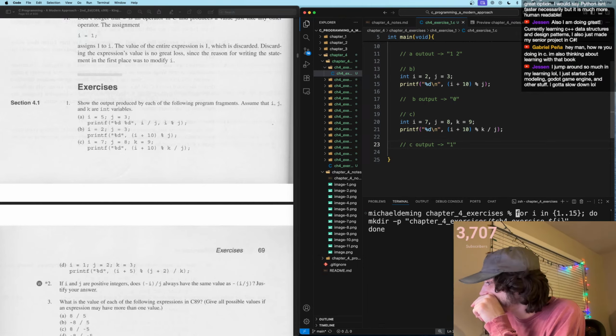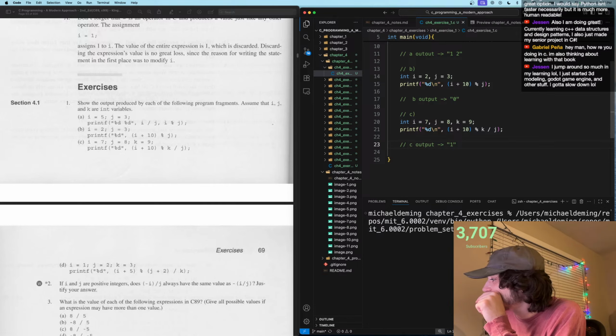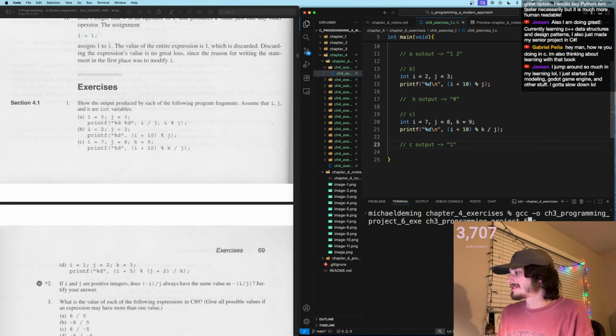Let's see if I can go back up and pull all these. Will it let me? Alright, here we go. Okay, this is going to be, we went on a programming project, so we can go to exercises. There we go.